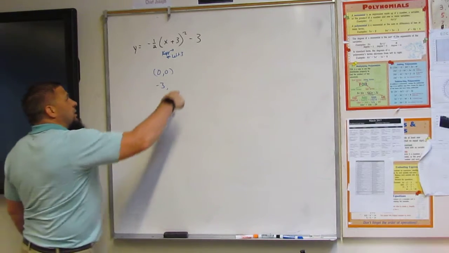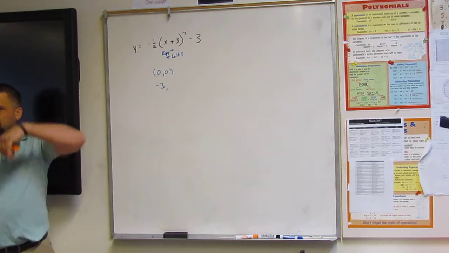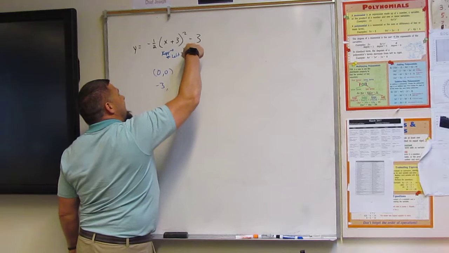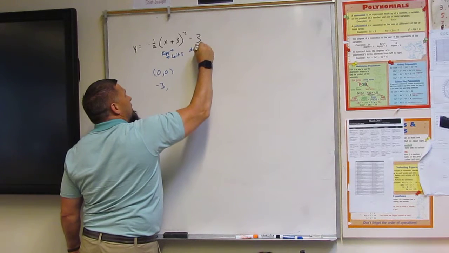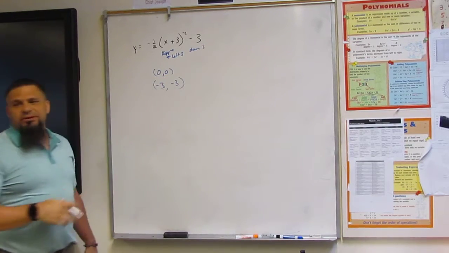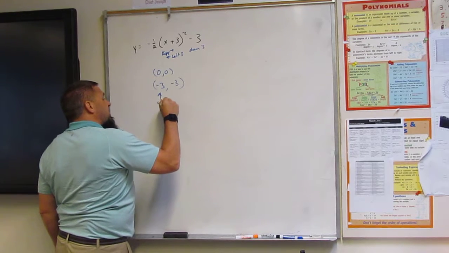And then this one is of the whole thing. The whole thing is being shifted down. Down 3. So if we think of down 3, that would be negative 3, right? And then there's our vertex. If this is our vertex, this is our axis of symmetry.